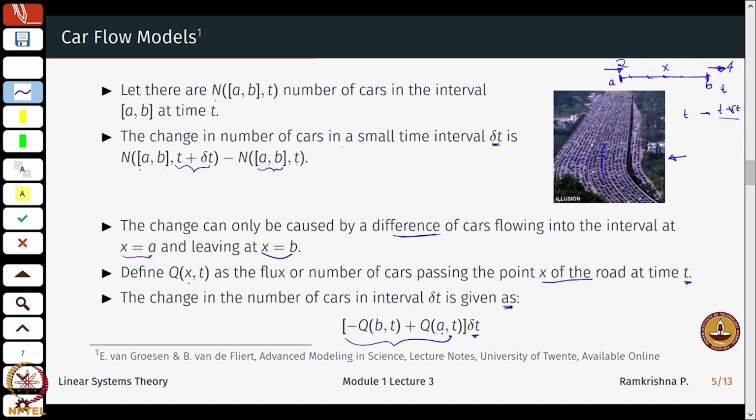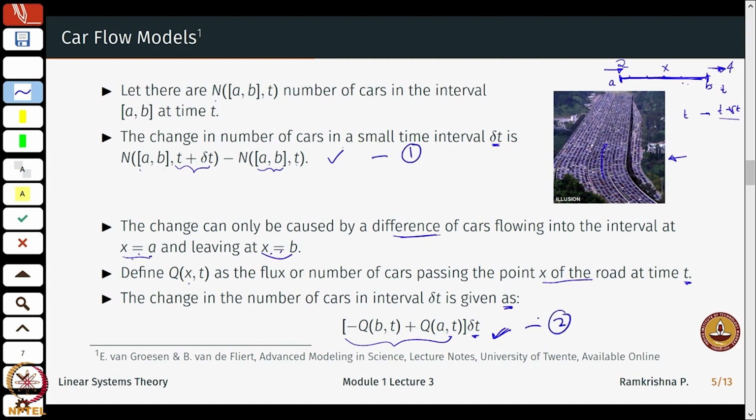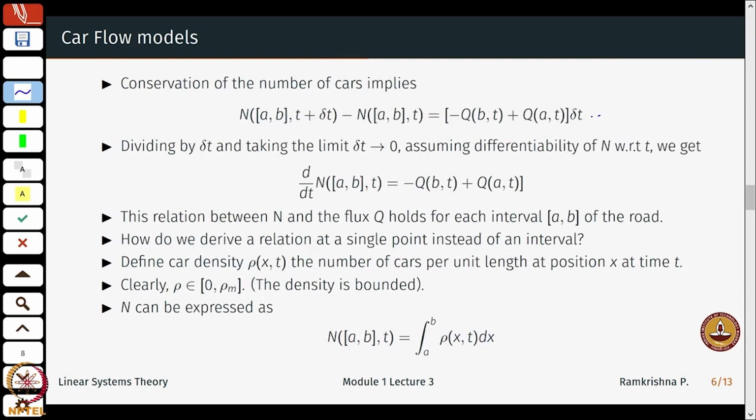Now, this change is equal to this change, because here I am just counting what is happening between points a and b, and I know that the change that happens between points a and b is only governed by what happens at x equal to a and x equal to b. That I quantify as this number. So, this 1 is equal to this 2, and that is what I write here.